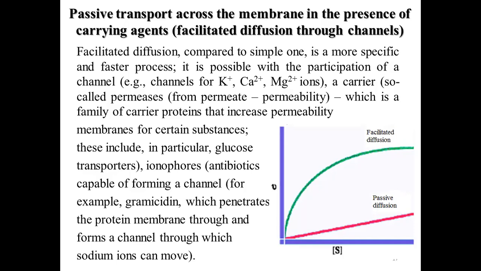In particular, glucose transporters and ionophores, antibiotics capable of forming a channel, for example gramicidin, which penetrates the membrane through and forms a channel through which sodium ions can move.